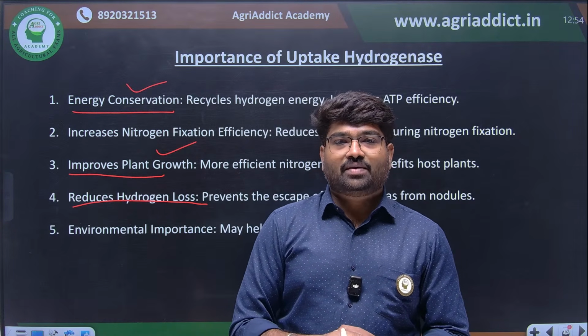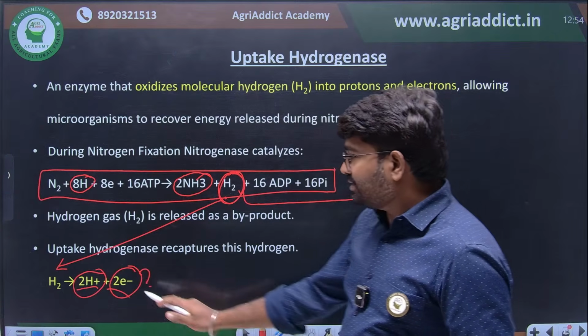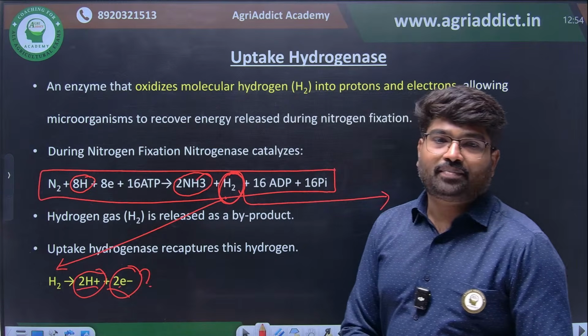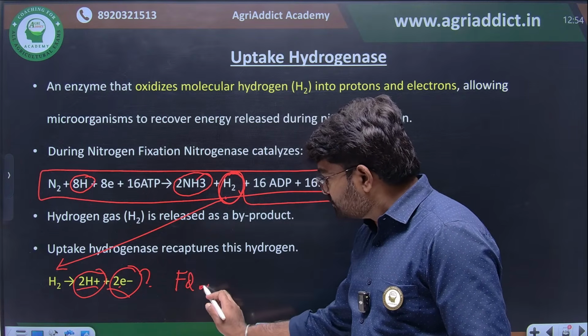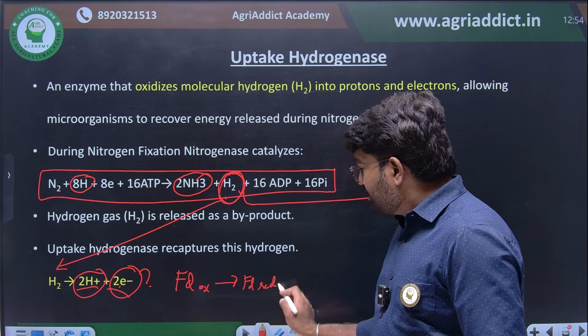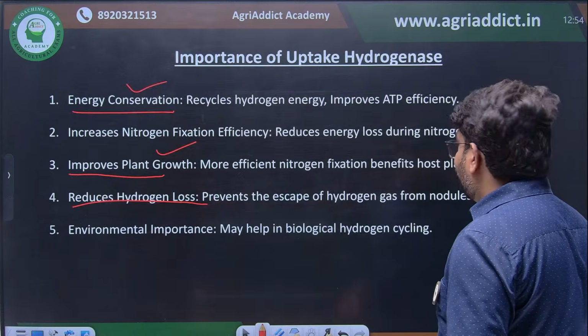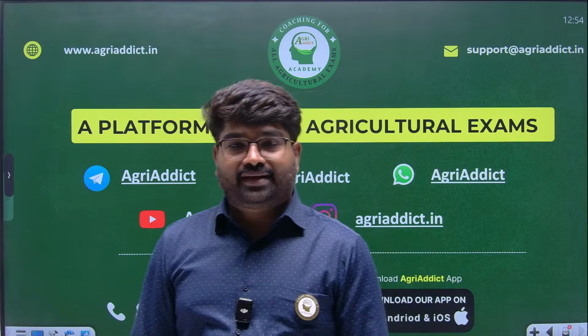Whatever electrons are synthesized from this step can be used to convert the oxidized ferredoxin to reduced ferredoxin. These are the importance of uptake hydrogenase in plants.